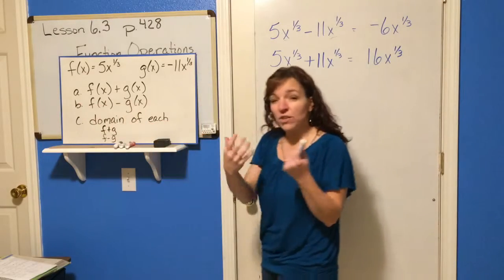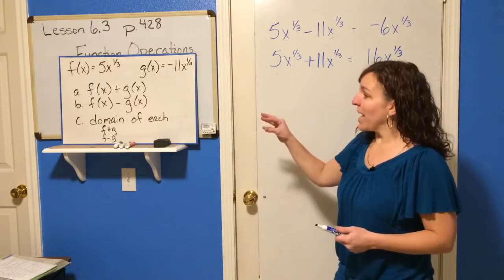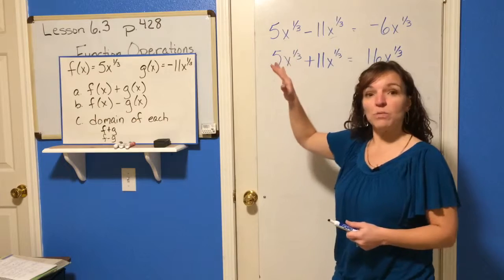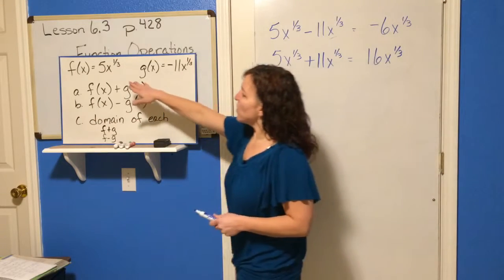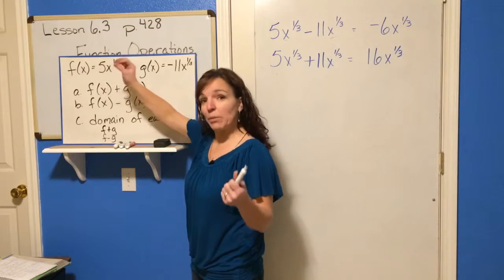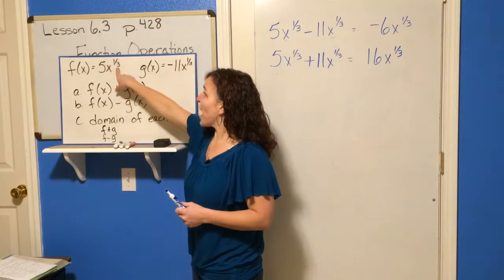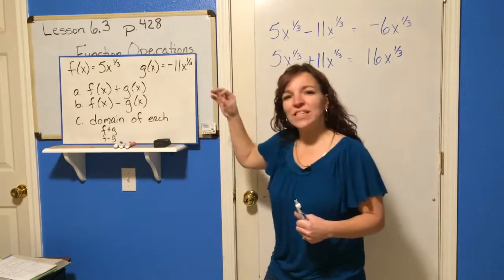All right. So if you're adding functions or if you're subtracting functions, the domain of that combination is going to be the domain of each of them together. So we can look to see the domain of 5x to the 1/3 is just any number, because if you've got an odd number in your denominator, that means that your root is odd.